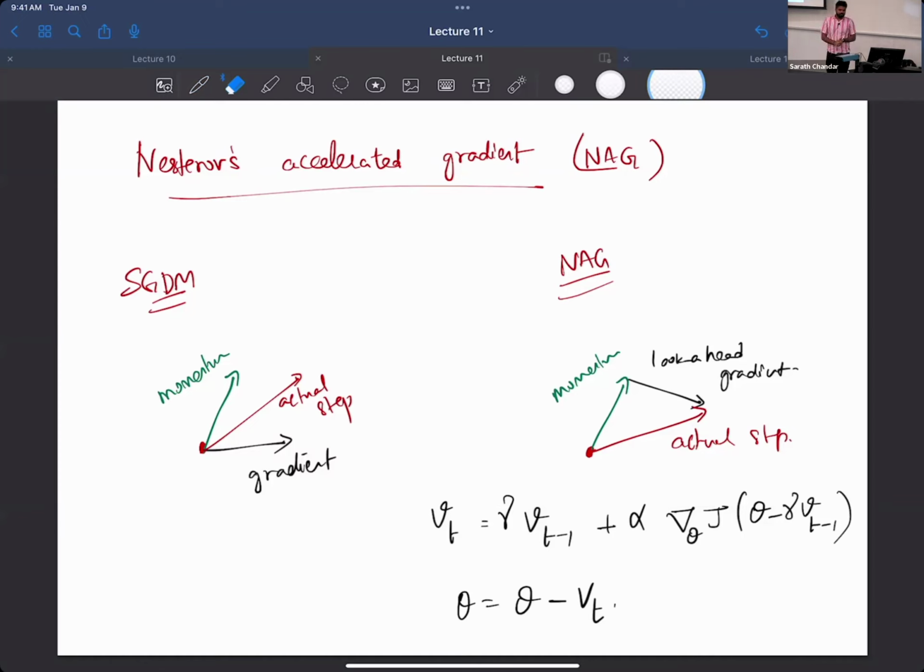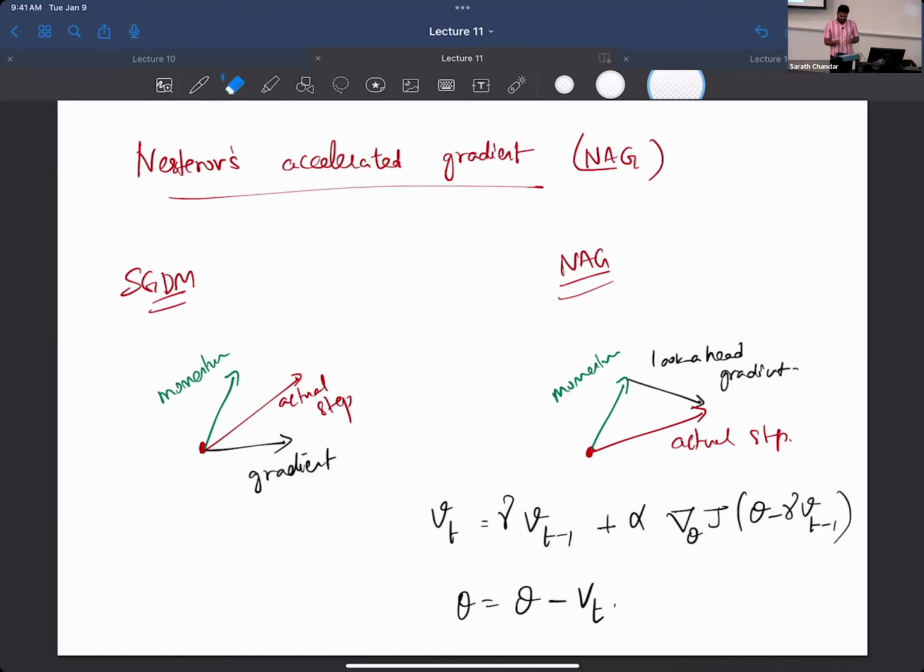Any questions? So you could either use SGDM or Nesterov's accelerated gradient, and both these methods are going to help you speed up the convergence of your algorithm.